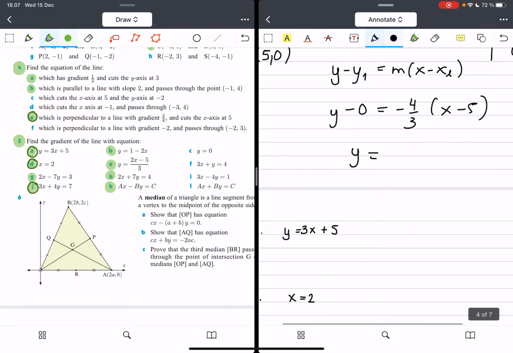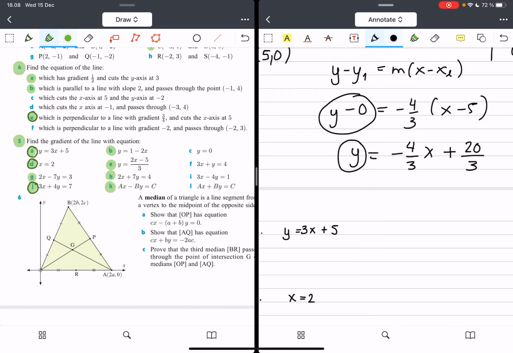So here, just give it in the gradient intercept form because it's easier. So y minus 0 is just y, equals negative 4/3 x, negative 4/3 times negative 5 is 20/3. And that is your answer right there.